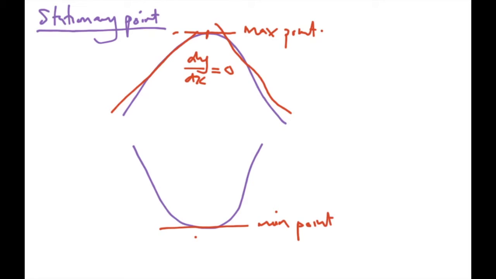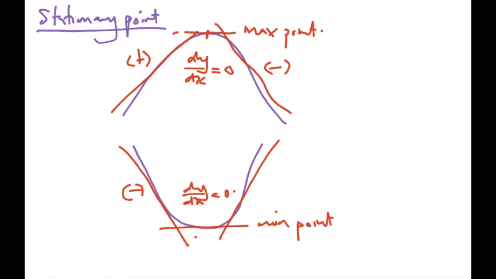At this point, the gradient, again dy over dx, is equal to 0, and on one side the gradient is negative, and on the other side the gradient is positive. So this side is negative, this is positive gradient, and over here is negative gradient, and over here is positive gradient. This positive and negative gradient can be determined by doing a double differentiation, the second derivative.